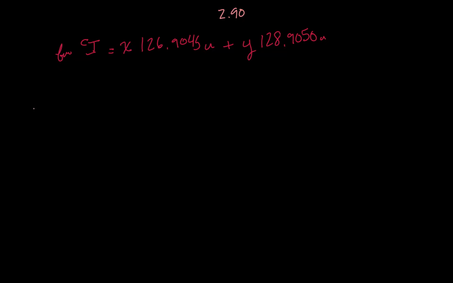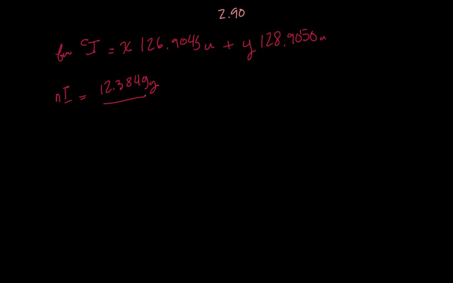So let's find first the moles of normal iodine first. This was 12.3849.